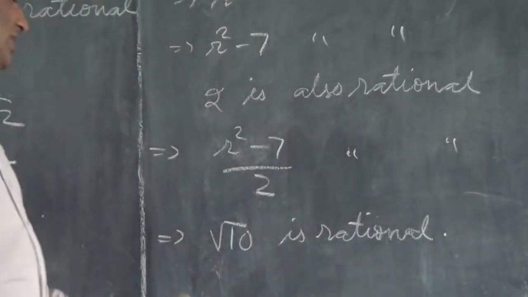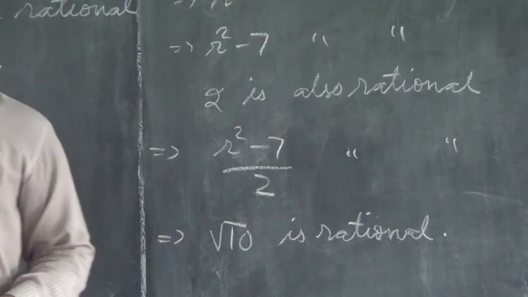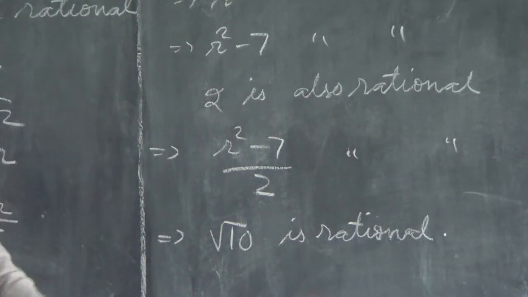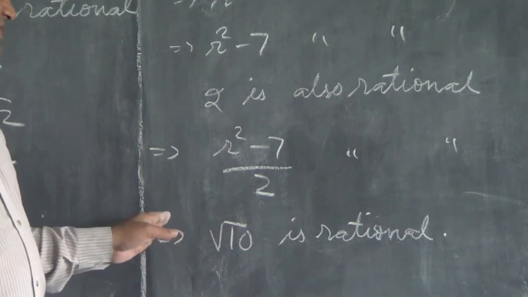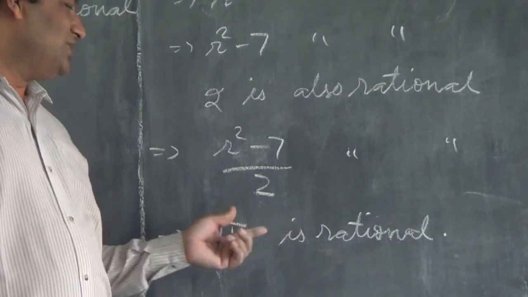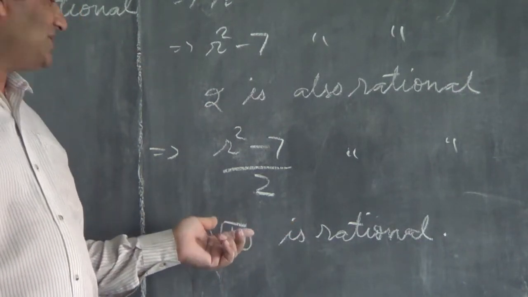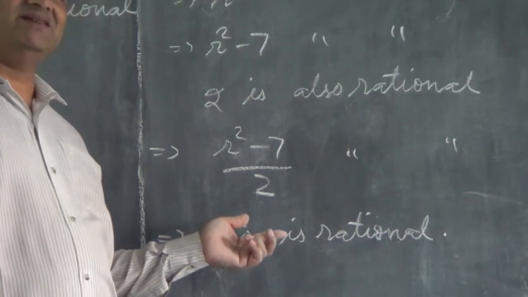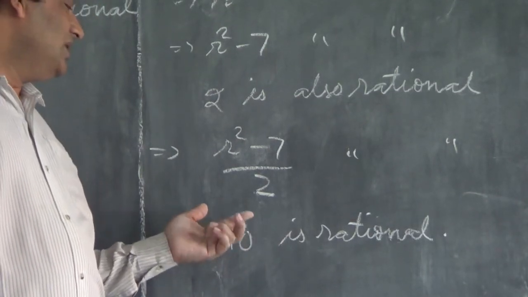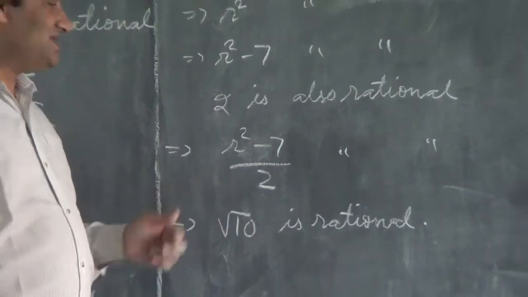but we cannot find the square root of 10. 10 is not a perfect square. Remember, 10 is not a perfect square. So if you are finding the square root of a number which is not a perfect square, you cannot extract its exact root. It will give you non-terminating, non-recurring decimal.